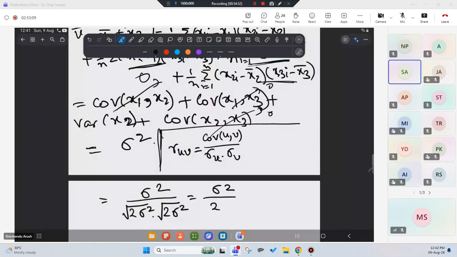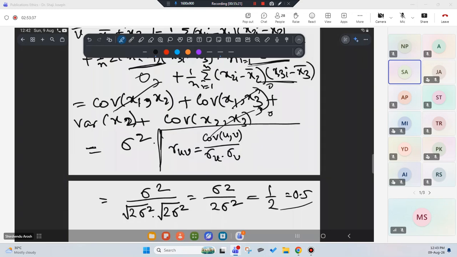So sigma square by 2 sigma square eventually. This kind of algebraic problem you may face in the graphical scenario. So this is more or less the process of how we can deal with the correlations.